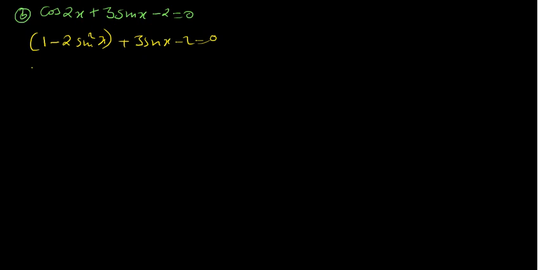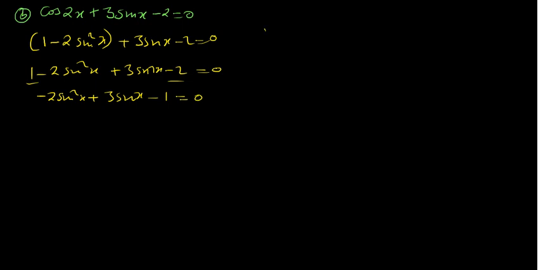And so now this gives us 1 minus 2 sin squared x plus 3 sin x and then minus 2, that is equal to 0. So I left out a negative 2 there, and then plus 3 sin x. Now we are saying 1 minus 2, that is a negative 1, and that is going to be equal to 0. So we find the product here, negative 2 by negative 1, which is positive 2. And then the sum is, we just get this one, which is here, which is a 3.